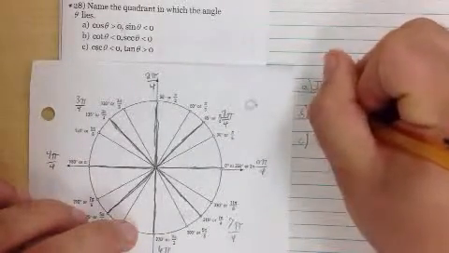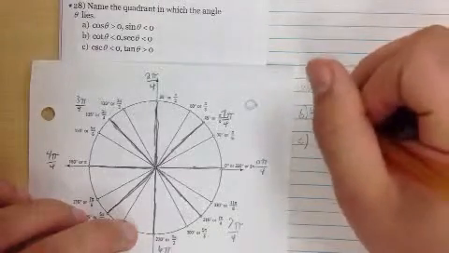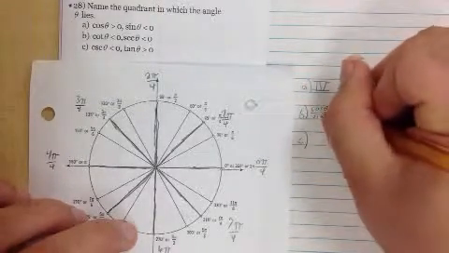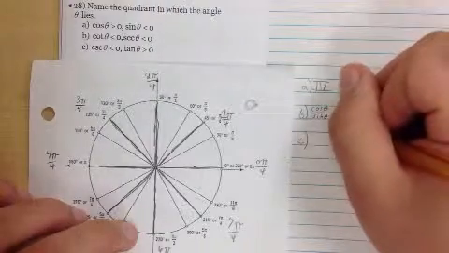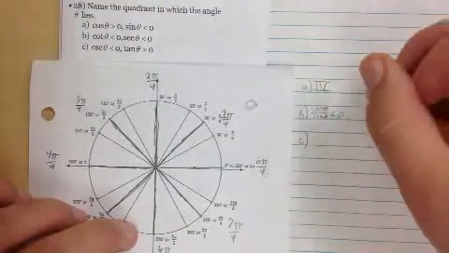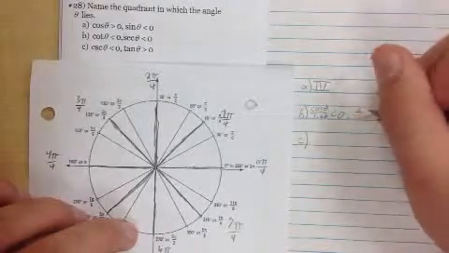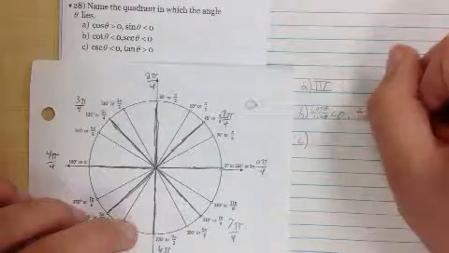So let's just write that out. And that has to be less than 0. And now secant is just the inverse of cosine. So we'll write that out like this. And that also has to be less than 0.